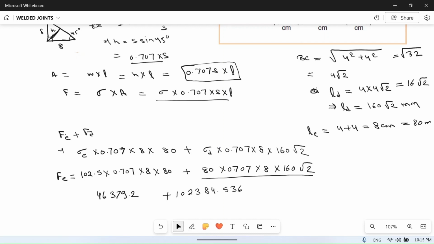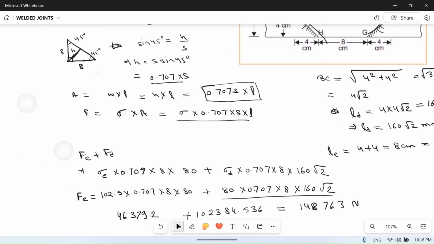So if you add these two, you will get 148,763 Newton. So this is total load taken by this welding.